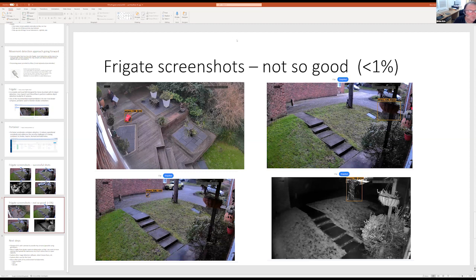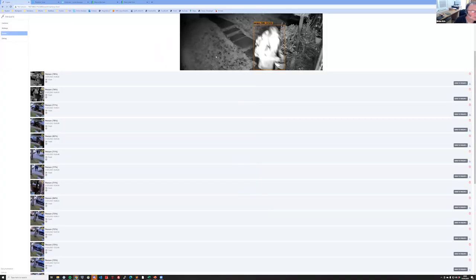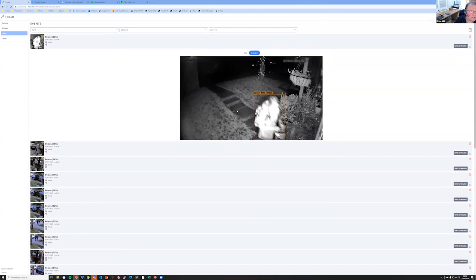Can you not actually see my other web browser? No. Let's see the presentation. Oh, can you see my web page now? Not yet. Yeah, looks like it. You can see a person arriving at my front door there, can you?